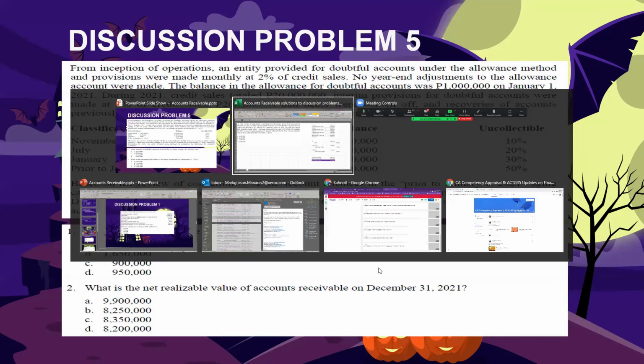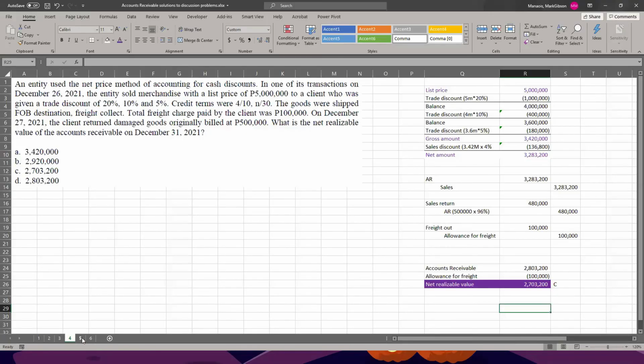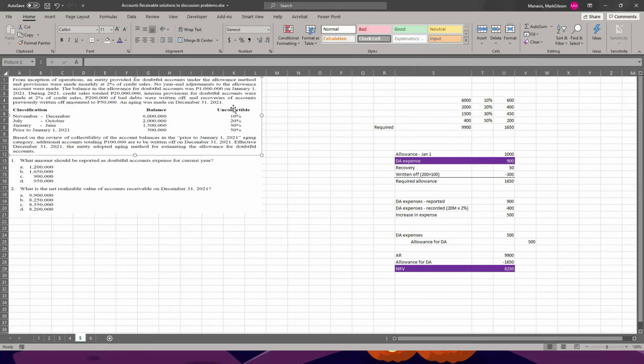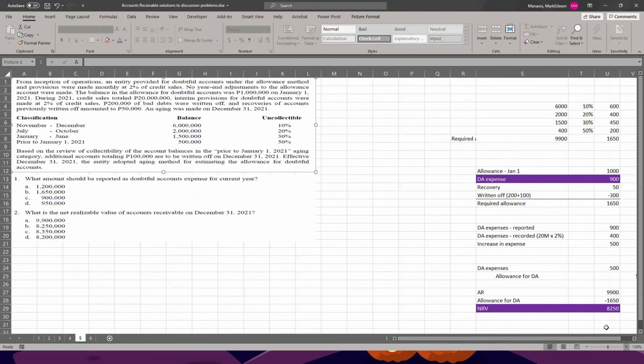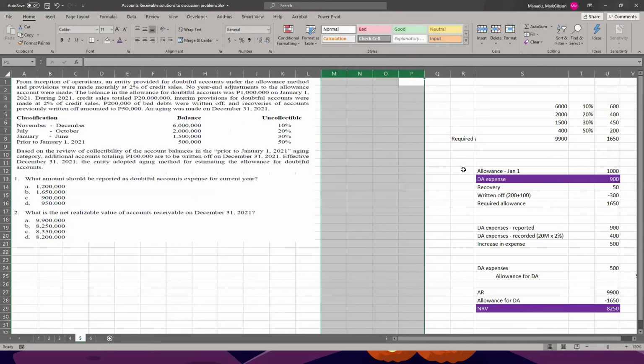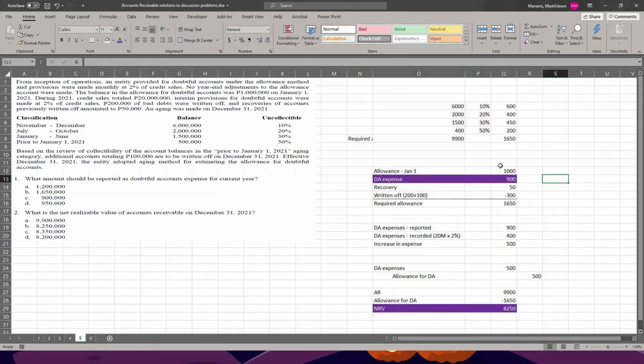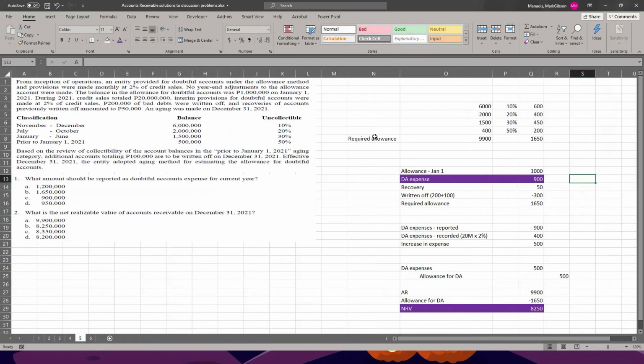So let's have problem number 5. Okay, so problem number 5, kunin muna natin yung required allowance. So paano yan? Okay. So 6 million.